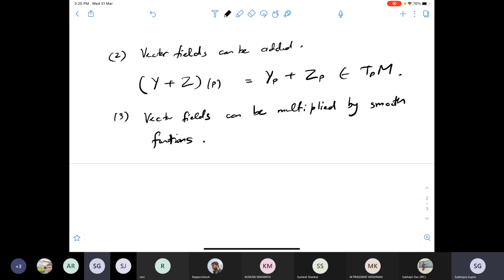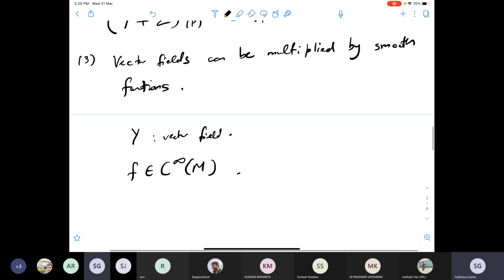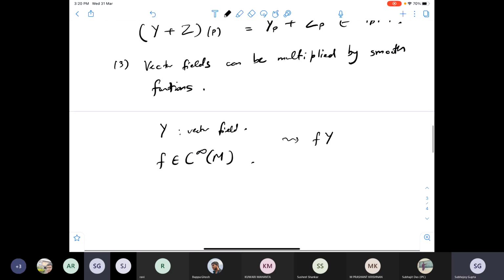If Y is a vector field and f is a smooth function, f in C infinity of M, then you can think of fY. It's the vector field where at the point P, the vector is f of p times Y_p. Y_p is a vector, and you can multiply it by a real number, a scalar, and that gives you a new vector in the tangent space.